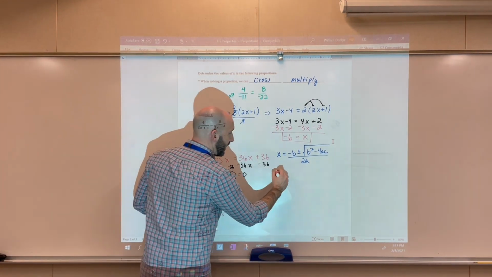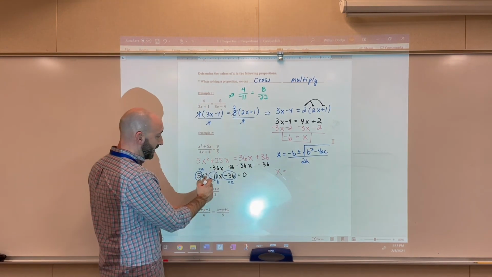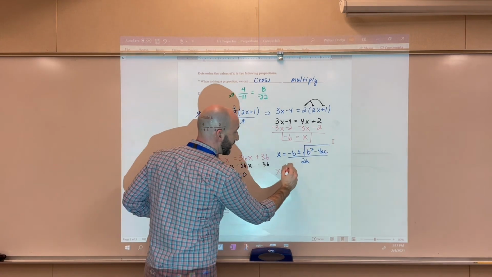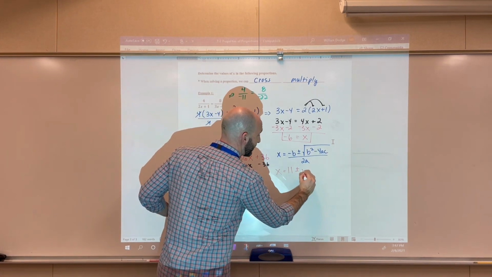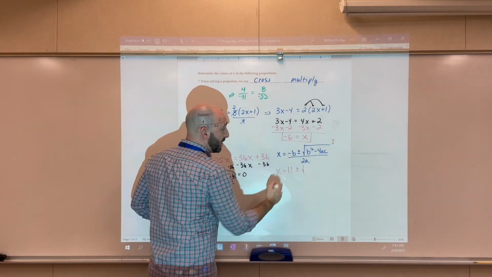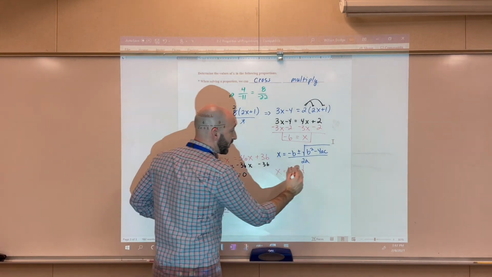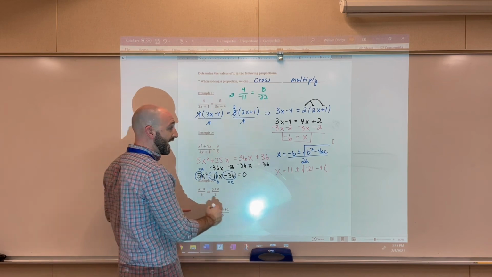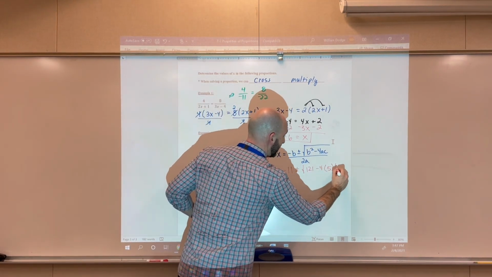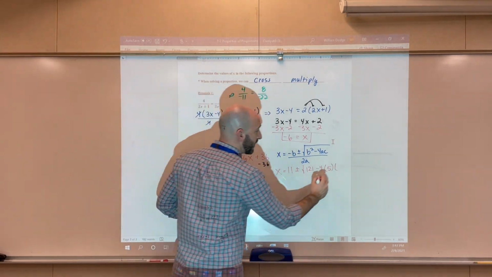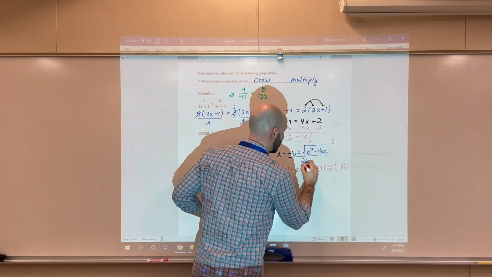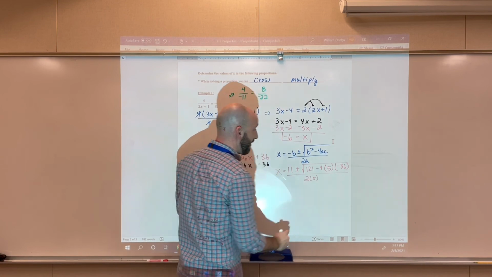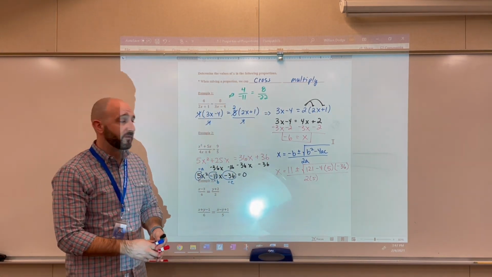So x is going to equal negative b, so negative 11, or minus 11, is positive 11, plus or minus the square root of b squared, so negative 11 squared is 121, minus 4 times a, which is 5, times c, which is negative 36. And that's all going to be over 2 times 5, because a is equal to 5.